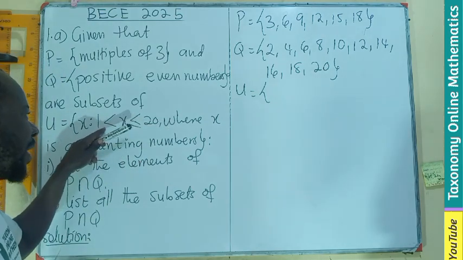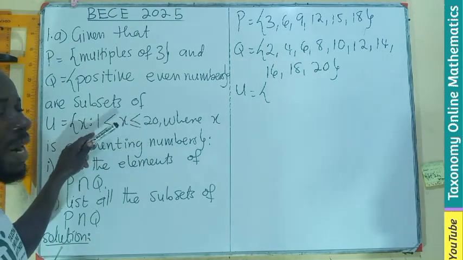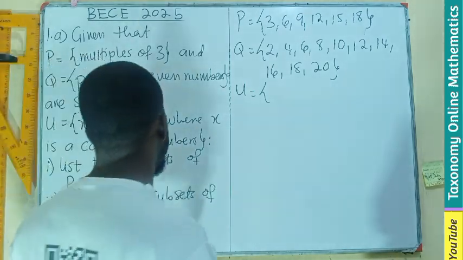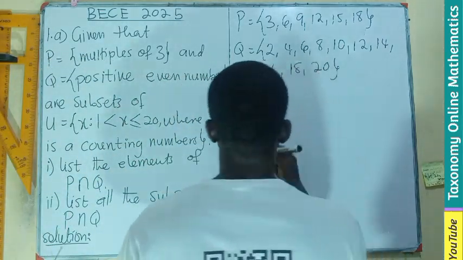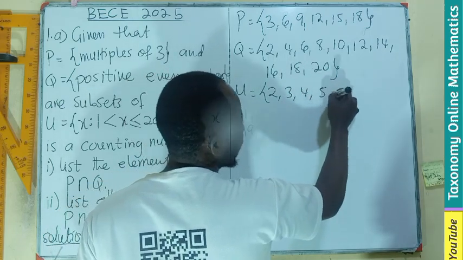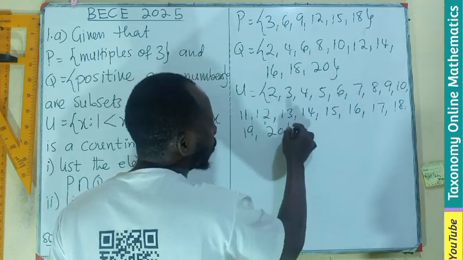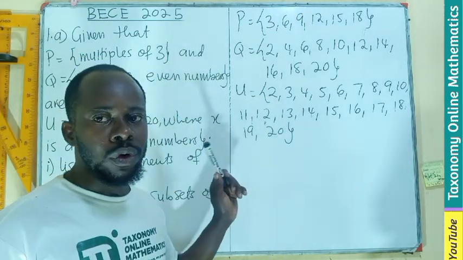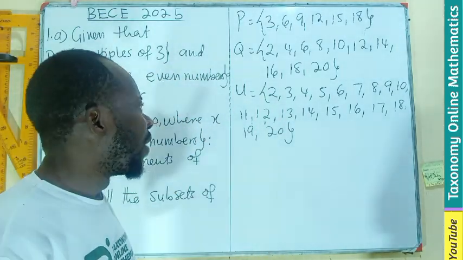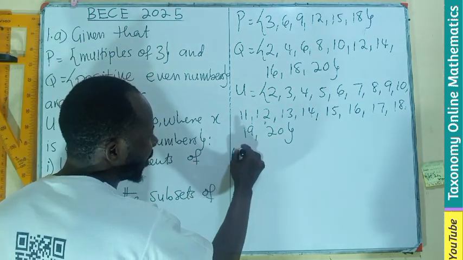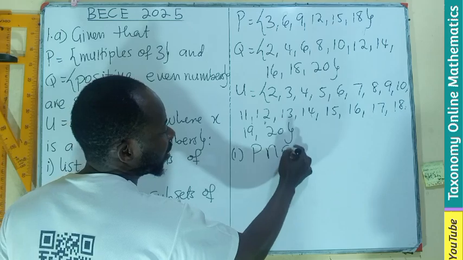But this sign without the equal sign means 1 is not part, but the number after 1, which is going to be counting numbers after 1, will be 2, 3, 4, ending at 20, counting from 2. 1 is not inclusive.